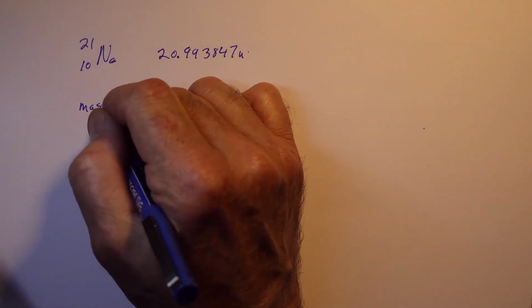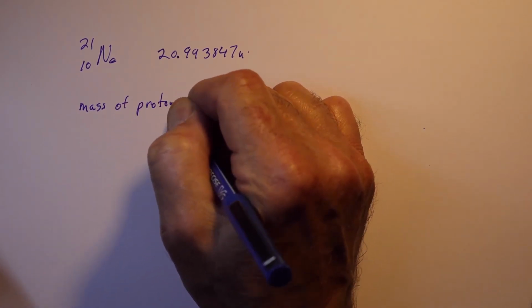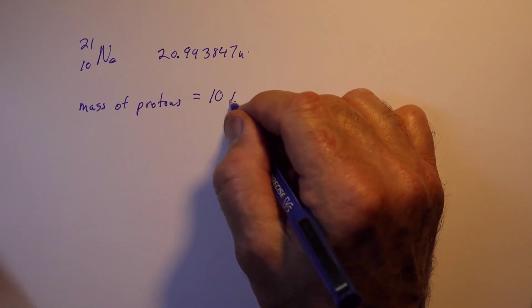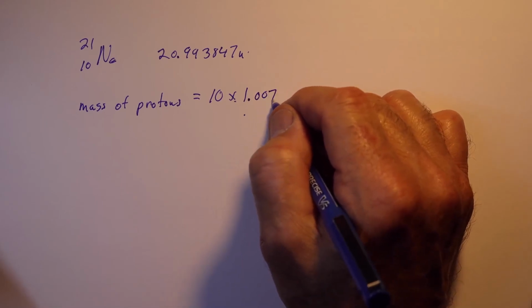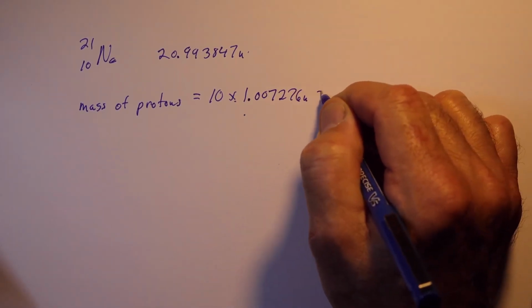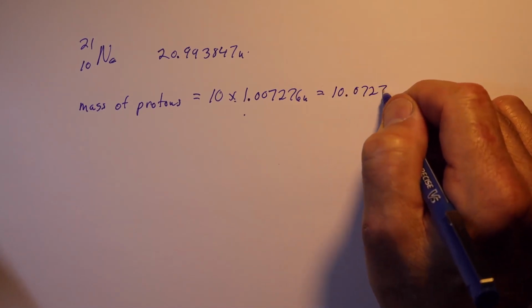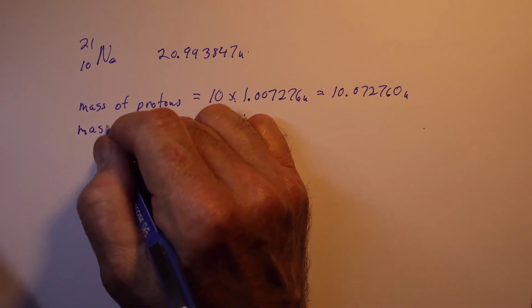The mass of protons is going to be, well, there's 10 protons. 10 times one proton is 1.007276 atomic mass units, and that comes to 10.072760 atomic mass units.